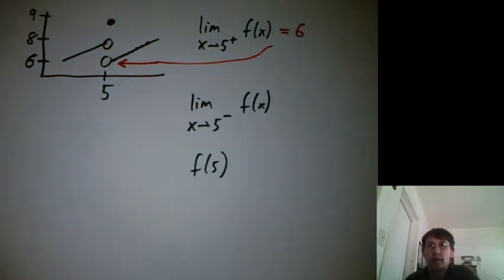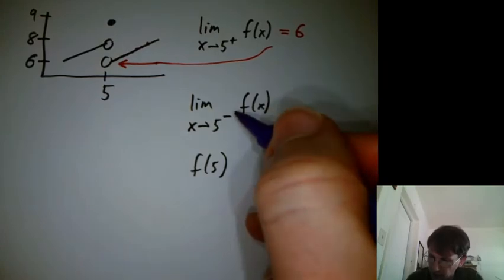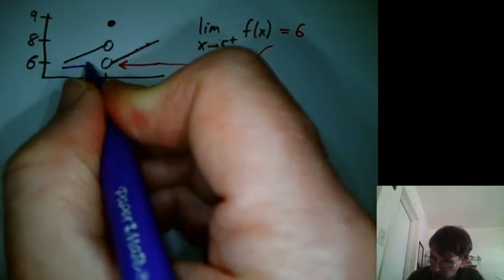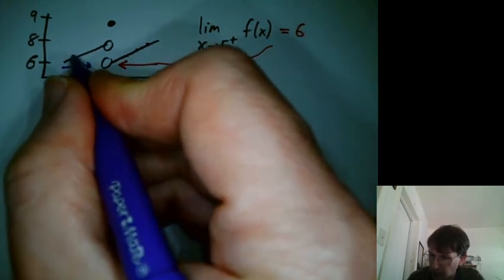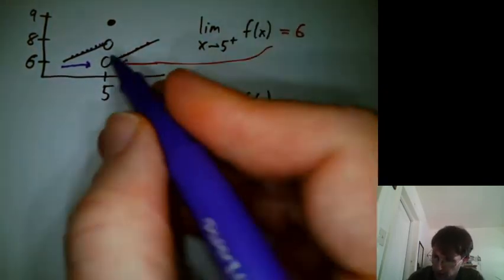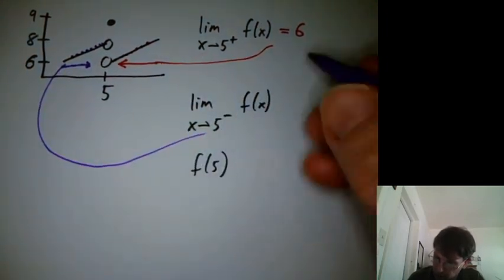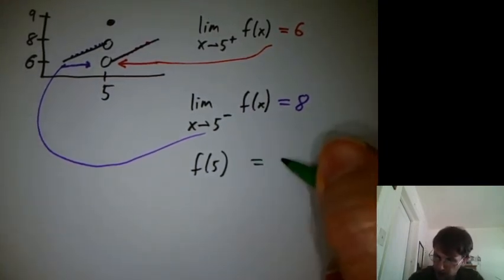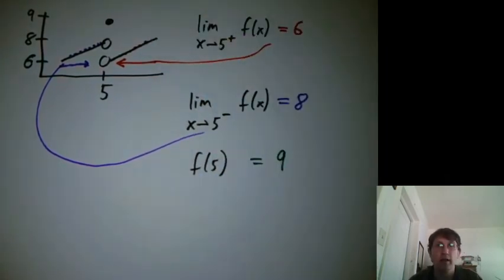What about as I'm coming in from the left, limit as x goes to 5 minus, I would imagine coming in from the left, and my y values are increasing towards 8. So this would be equal to 8. And f of 5 itself is 9. Just that closed dot there.